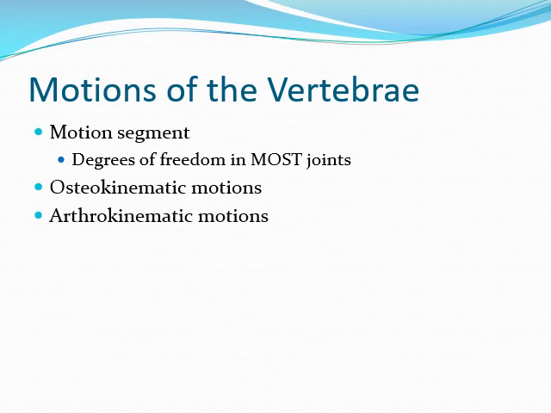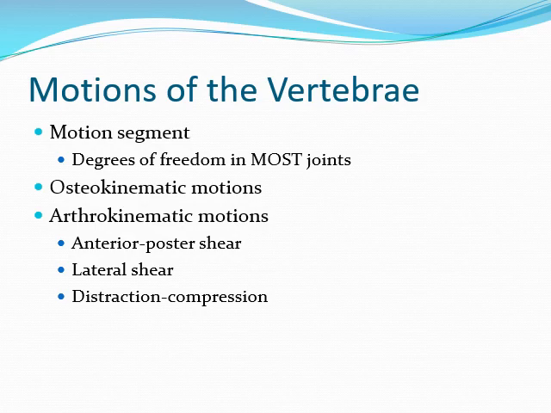Now, your arthrokinematic motions are a little different than what we talked about before. You have very specific arthrokinematic motions that occur at the spine. You have anterior posterior shear, you have lateral shear, and then you have distraction and compression. So this is a little different than what we talked about at some of the other joint regions in the body. Anterior posterior shear is that shearing force.